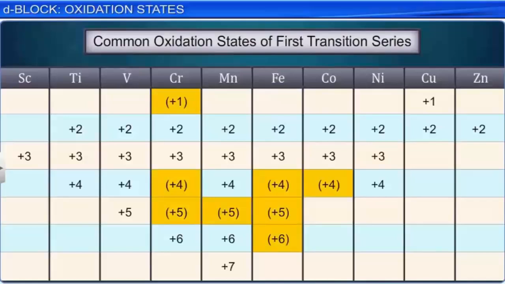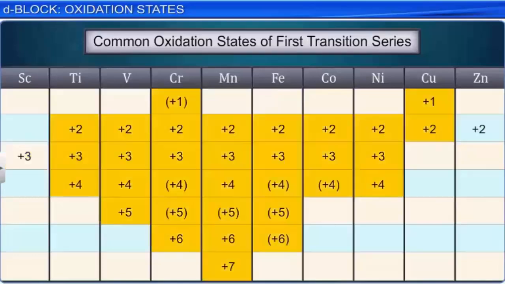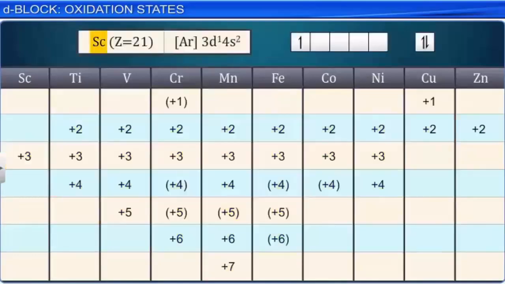Some points may be noted from the table. Except for scandium and zinc, all the other elements show more than one oxidation state. Scandium, due to the availability of very few electrons for bonding, does not show variable oxidation states.